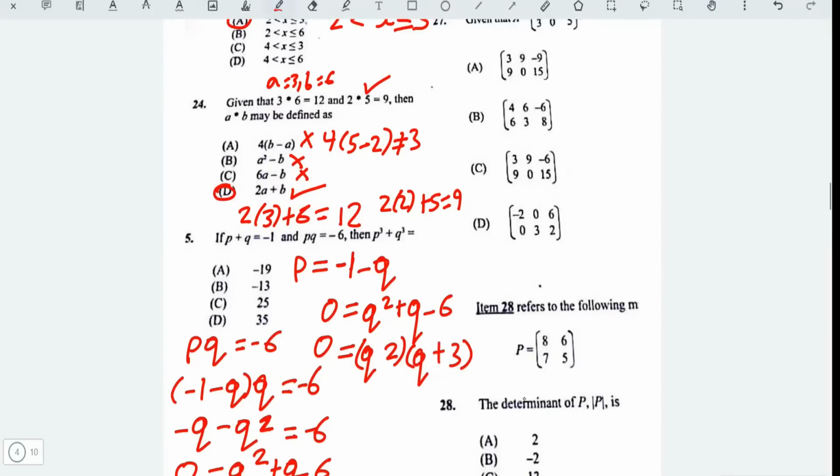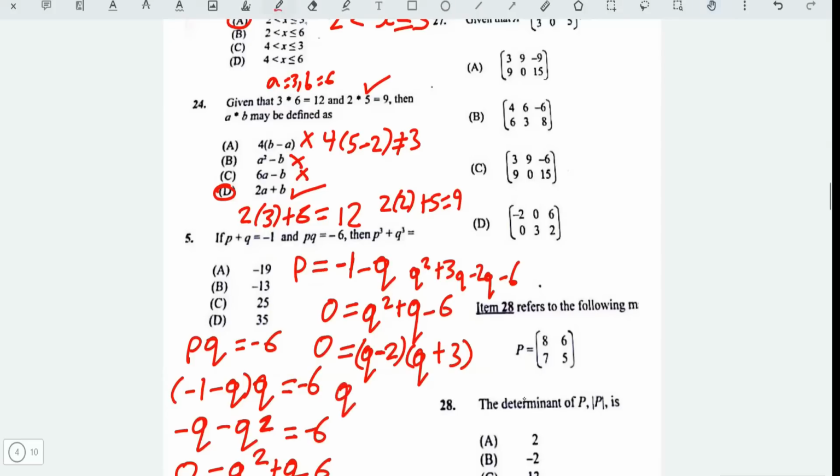This is plus and this is minus. Now, how did I get this? All I did was split the middle term, but I did it in my mind. So remember, this expression you can factorize to write as Q squared plus 3Q minus 2Q minus 6, and then factorize it. I couldn't bother to do all of that, so I just split it in my mind.